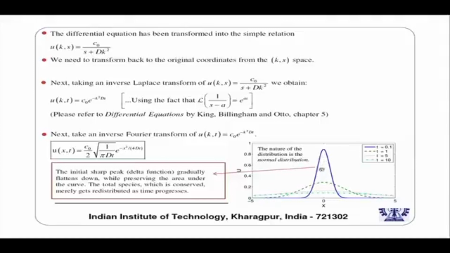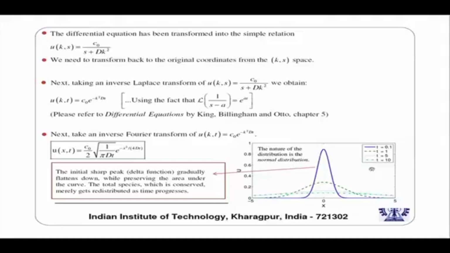Let us say this blue line represents the species concentration at time equal to 0. As time evolves, the species concentrations will be determined by these other dotted lines, this green line, the red line, all these at different instants of time which are mentioned in the legend of the figure.